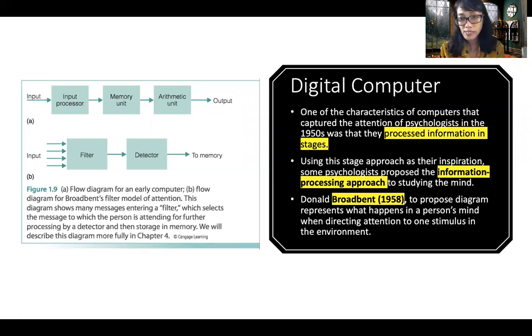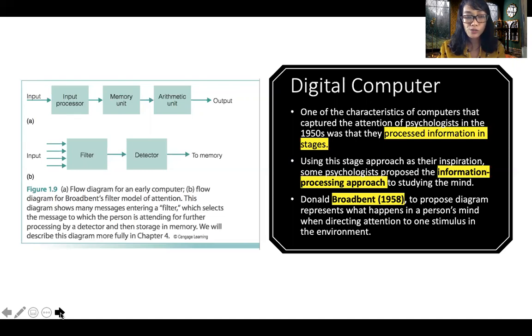And Broadbent in 1958 then proposed the diagram of attention, as you can see in this figure. It starts from the stimulus, there's a filter, a detector, and it's stored in our memory.